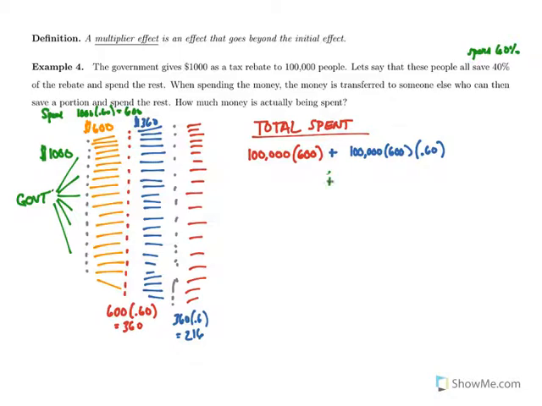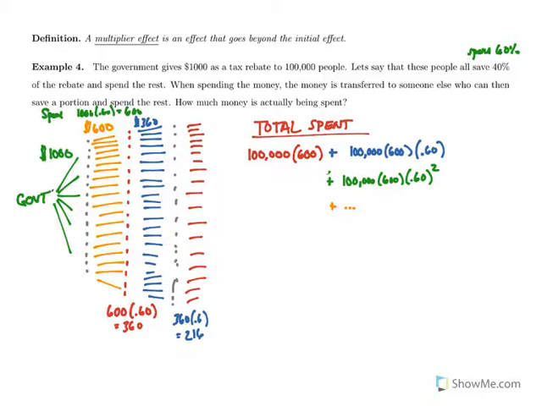Then all of that money is going to be spent, or 60% of that is going to be spent, and we just continue on forever until eventually we just kind of run out of money there.